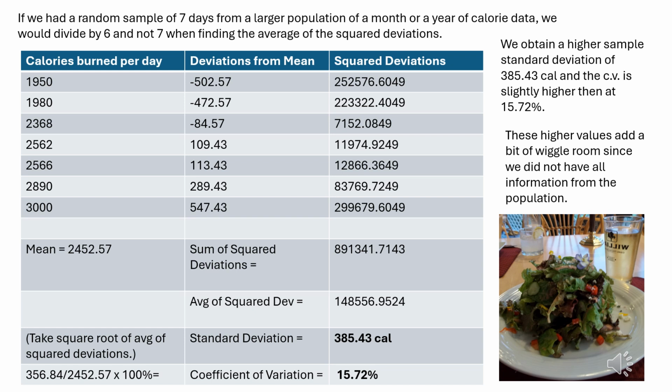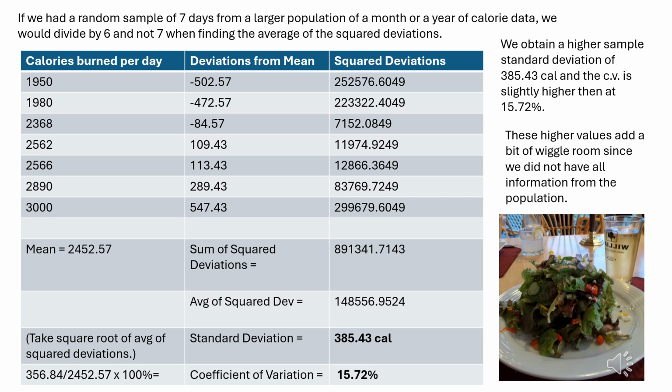And when we do, we get an average of 148,556.9524, which is slightly higher than what we had before. When we take the square root, we get 385.43 calories. So looking at it as a sample instead of a population, our standard deviation is slightly higher.